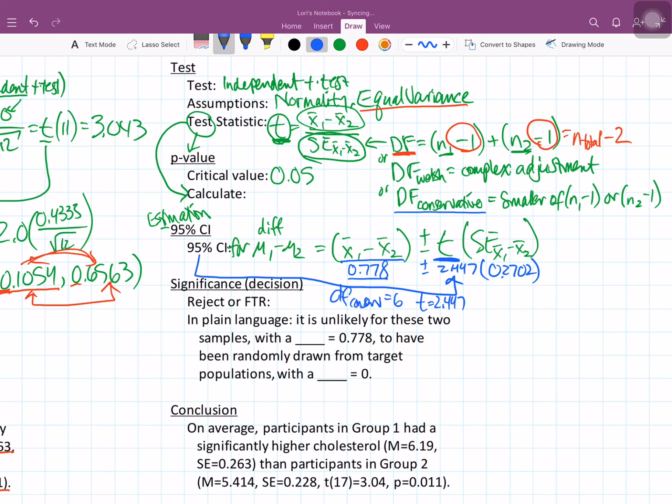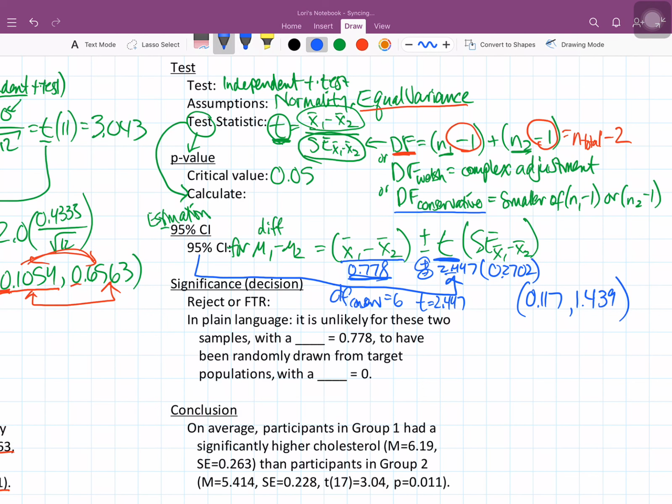If we take 0.778 and add 2.447 times 0.2702, we would get 1.439. If we subtract it, we would get 0.117. So that's our 95% confidence interval for the difference.